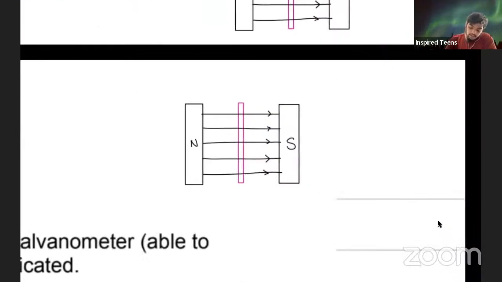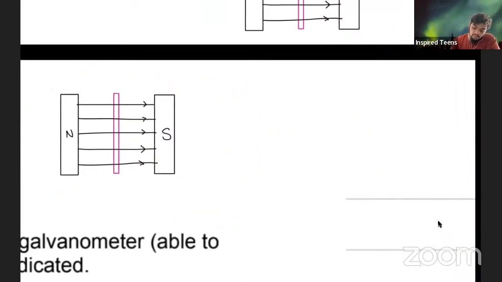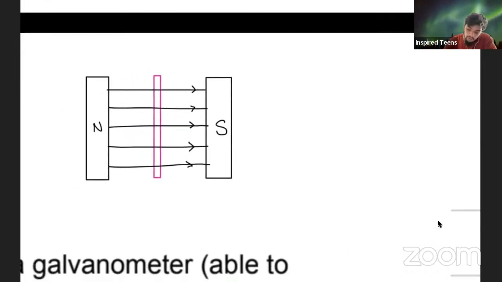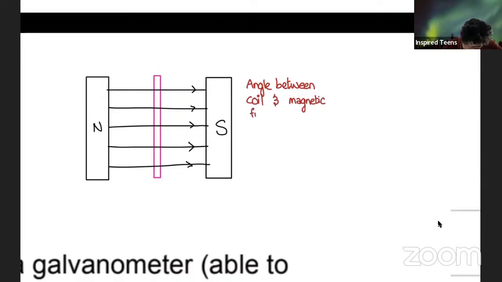Okay, let's just draw it separately on a different page so that we can have 2 examples. In this case, what you need to notice is that the angle between the coil and magnetic field lines in this case is 90 degrees.